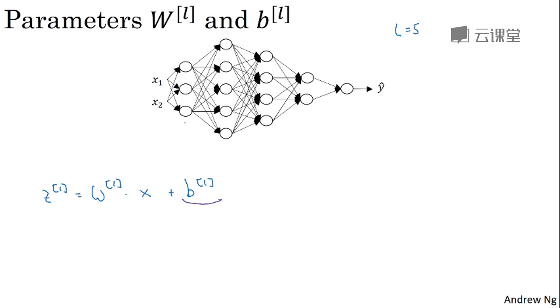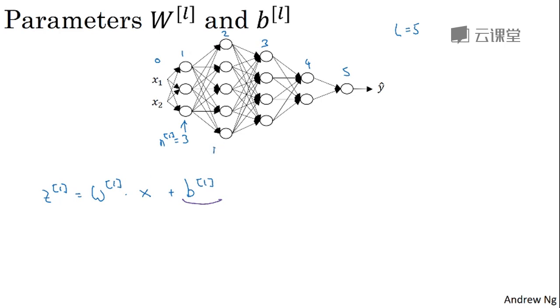Now this first hidden layer has 3 hidden units. So this is layer 0, layer 1, layer 2, layer 3, layer 4, and layer 5. Using the notation from the previous video, N1, which is the number of hidden units in layer 1, is equal to 3.